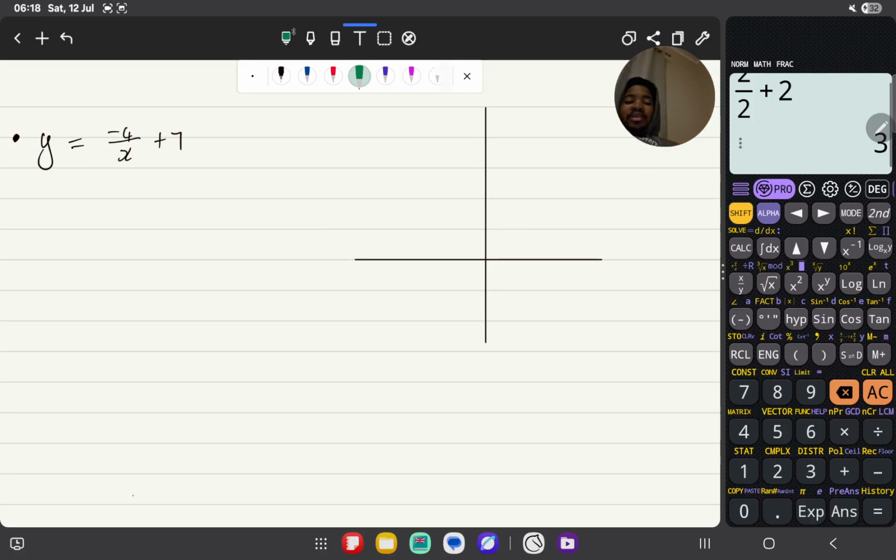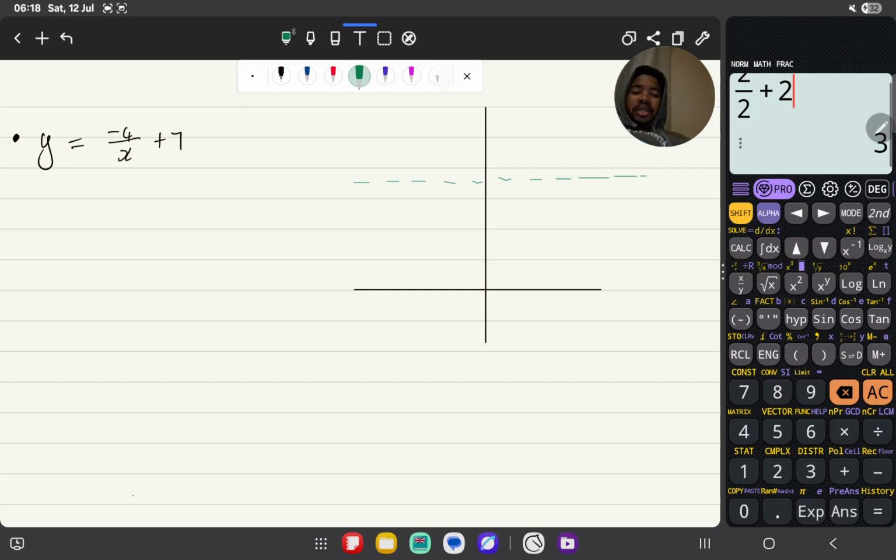But first things first, we start with our asymptotes, which is 7. So say 1, 2, 3, 4, 5, 6, this is 7. It's a straight line which is also dotted.